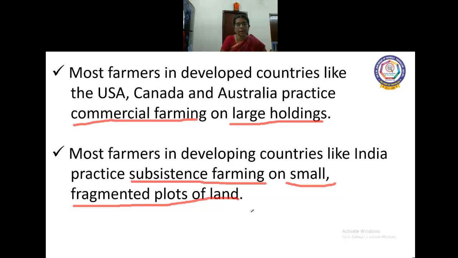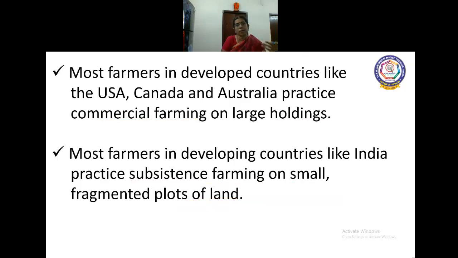Suppose a father has 3 or 4 sons, he will divide the land and give a piece to each son, so that they have small fragmented plots of land and they will be doing subsistence farming there. So this is the difference of farming in developed countries and developing countries.